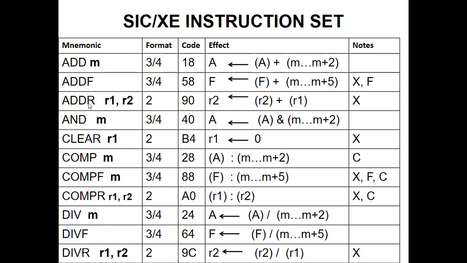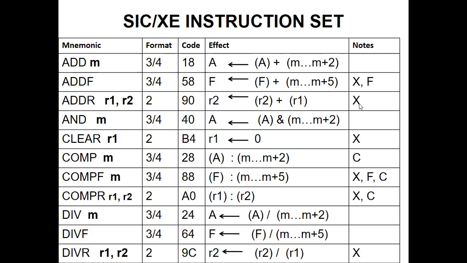Like this one, add the registers, R1, R2. We said it is a format 2 instruction. The opcode for adding registers is 90, okay? This one adds the contents of register R2 to contents of register R1, and the answer is put into R2.